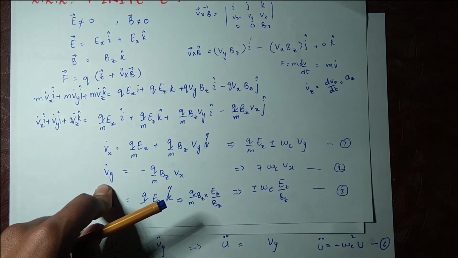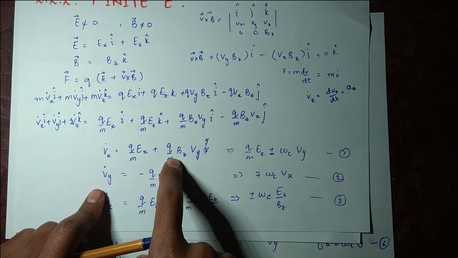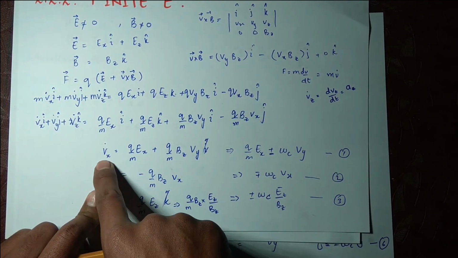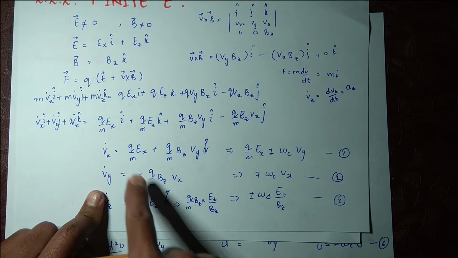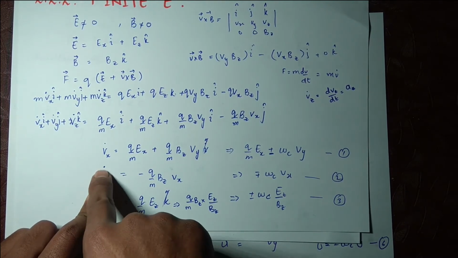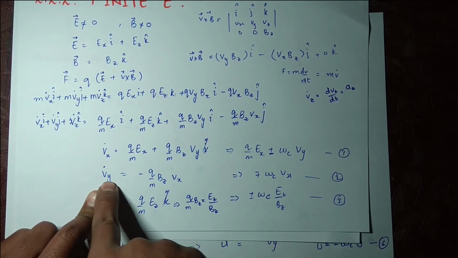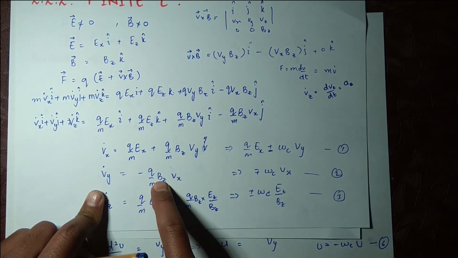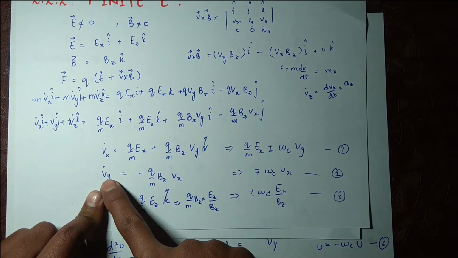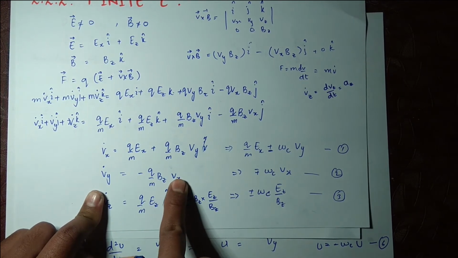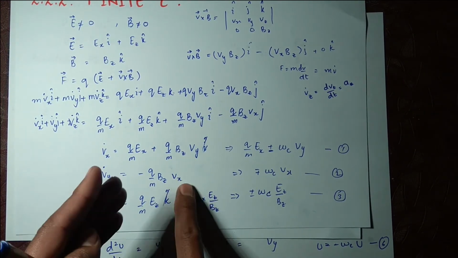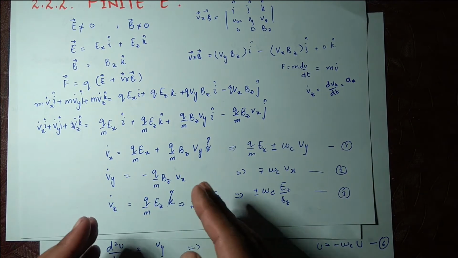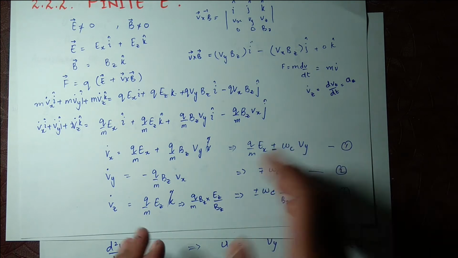Now moving this way, how are these equations coupled? You can see that there is Vx dot, let's move toward this equation, there is Vy dot, and here there is V of x and V of z. There is a y component here, and z and x components here. We have one component on the left side and other components on the right side, so we have to move toward the same component.